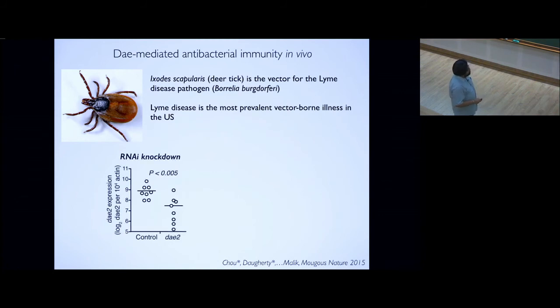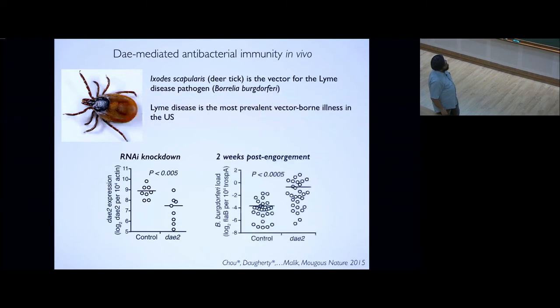So what CMA decided to do, which is amazing, was, based on our observation, try to create a knockout of DAE2, which is one of these genes in ticks. The CRISPR knockout didn't work so well, but RNAi did work. You can see that she can knock down DAE2 to considerable levels. Just pay attention to the log scale here.